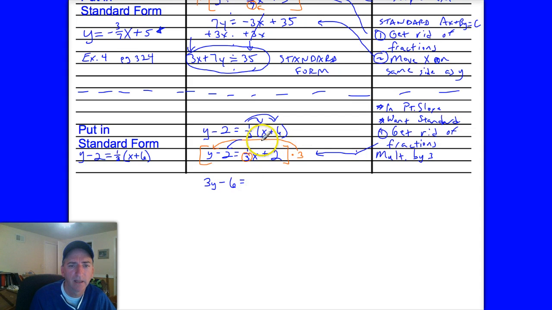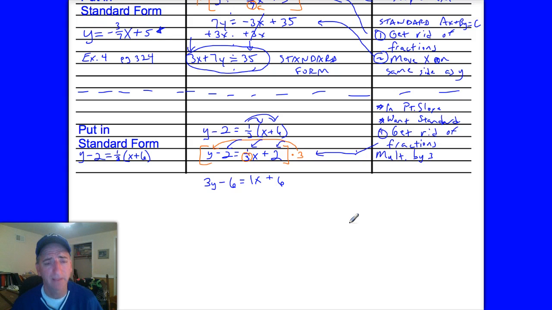It's equal to 3 times 1/3, that's 3/3, which is 1x, plus 3 times 2 is 6. So I've gotten rid of the fractions because you have to do that for standard form. No fractions, no decimals, because those aren't integers.